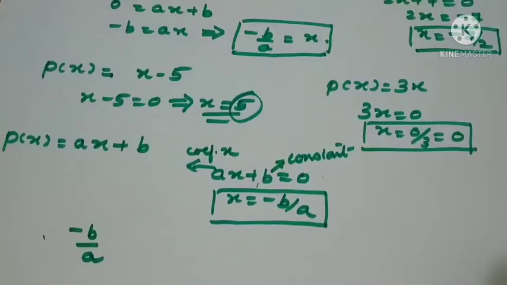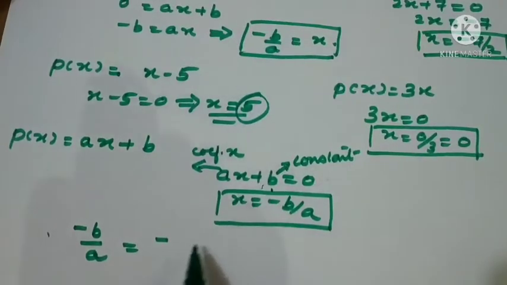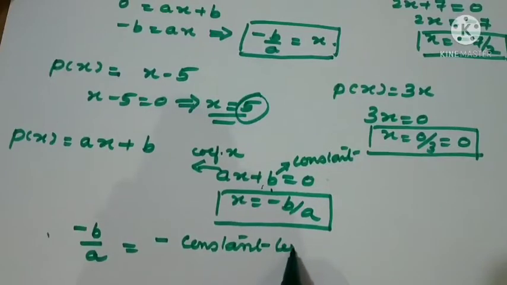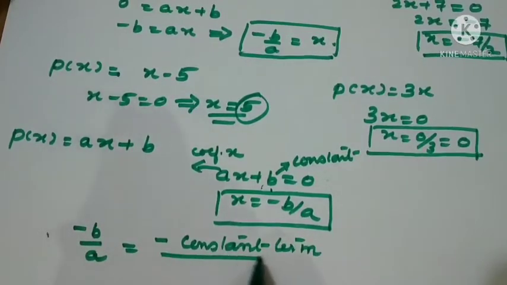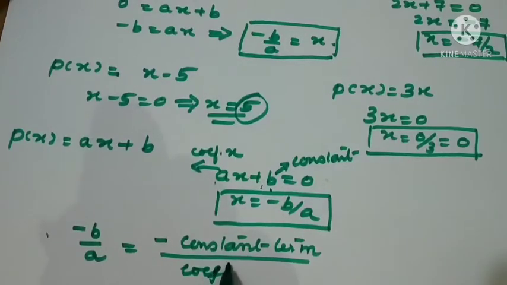So the question is whether the zero has any relation with the coefficients. We have written minus b by a. What is b? b is the constant term with respect to our standard form. What is a? Coefficient of x, right? So minus b by a means the constant term by the coefficient of x.